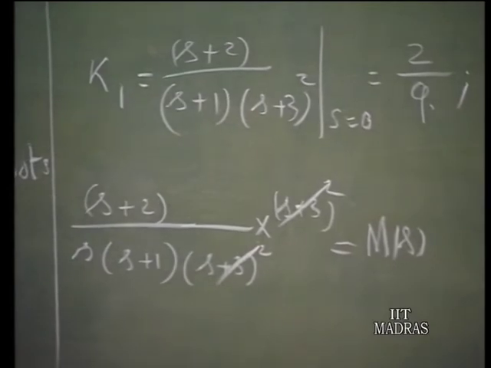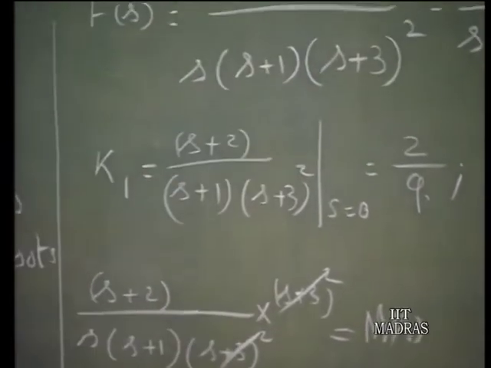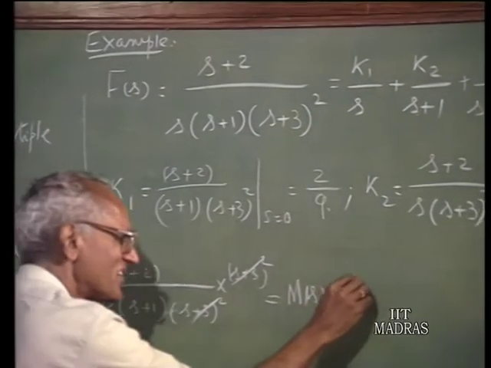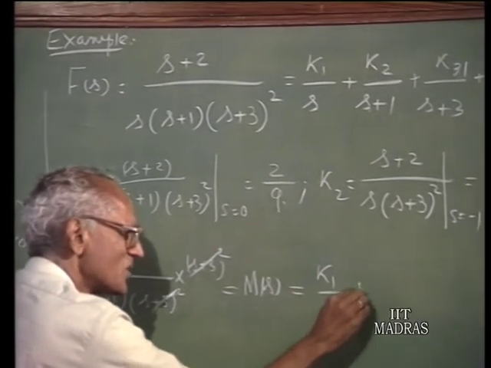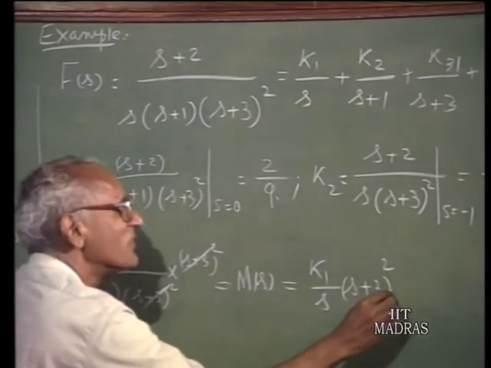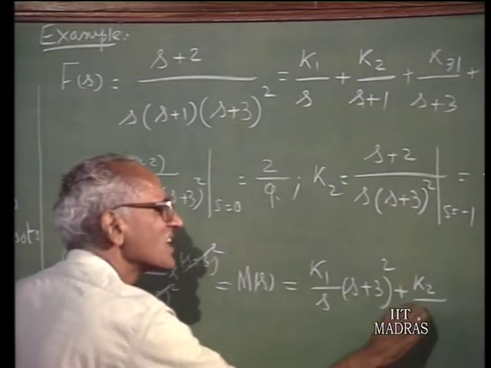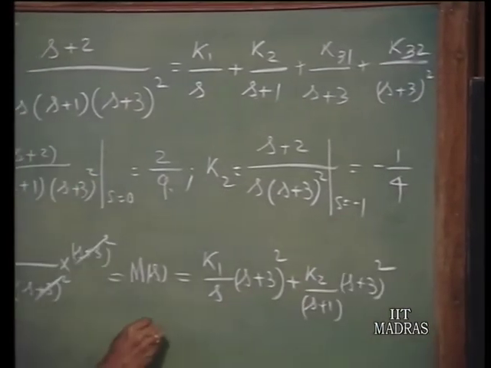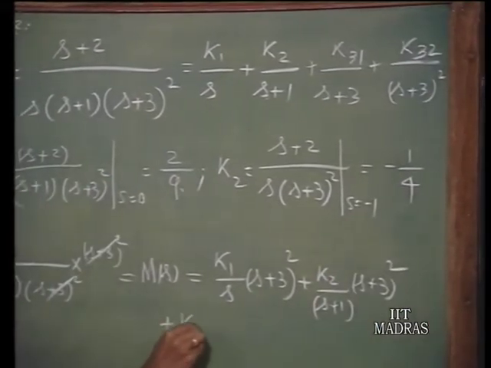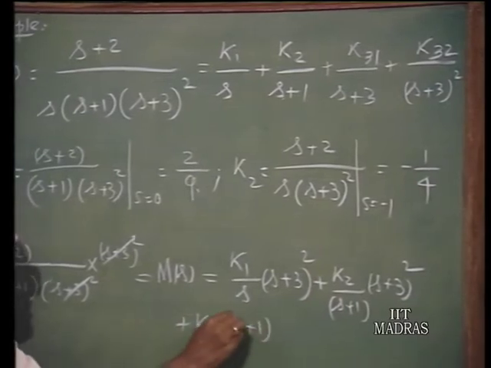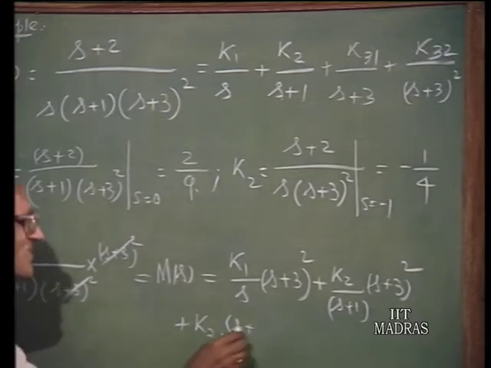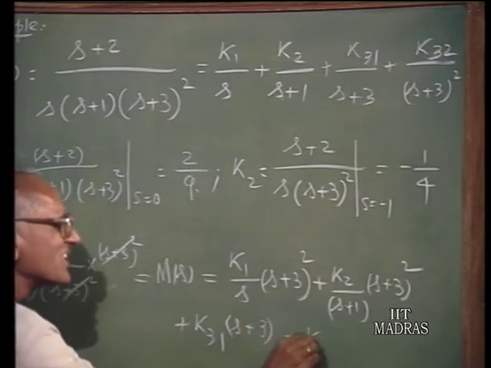So, this is m of s, that is, on multiplying this by s plus 3 whole squared, I get m of s. So, on the other side you have k1 s times s plus 3 whole squared plus k2 over s plus 1 times s plus 3 whole squared plus k31 times s plus 3, sorry, k31 times s plus 3 plus k32.